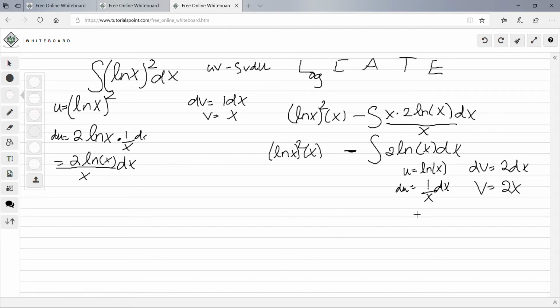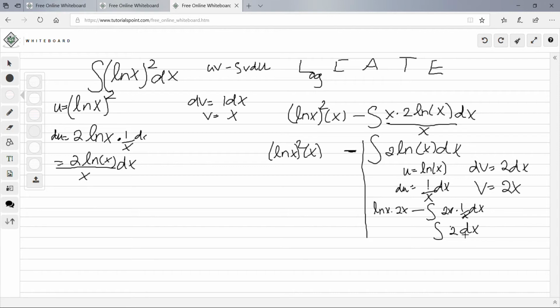So this will be ln of x times 2x minus the integral of v du, which is our v is 2x, and then our du is 1 over x dx. That simplifies as just regular 2 dx because the x cancels.